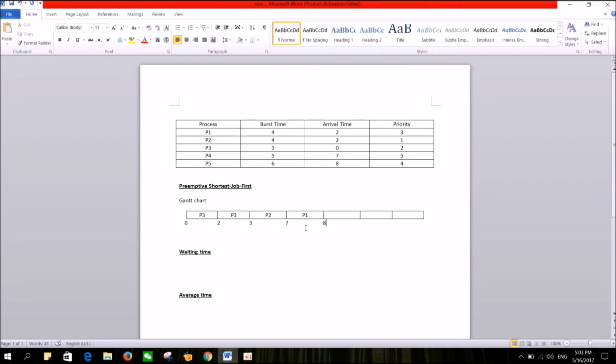After 8 ms, we can see there are no more new processes arriving here. So we can finish the execution of the processes as they are. The next process to be executed is P1, followed by P4, and lastly P5.